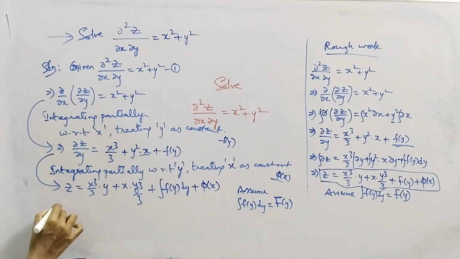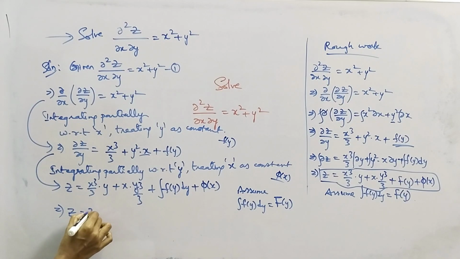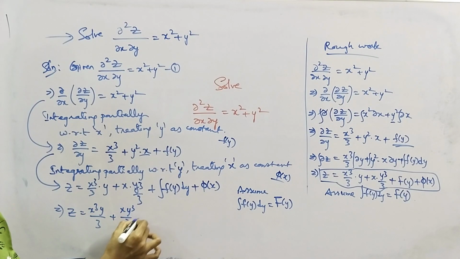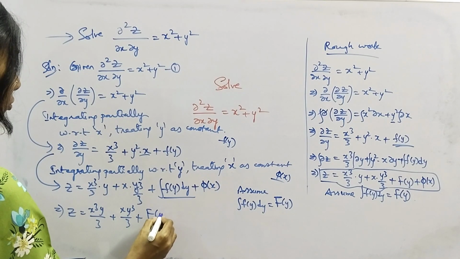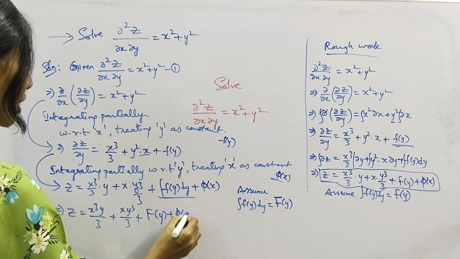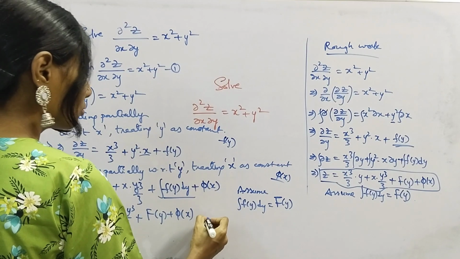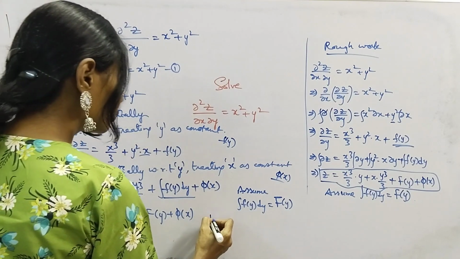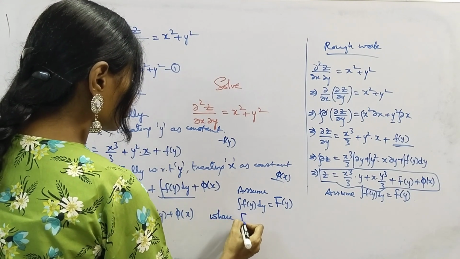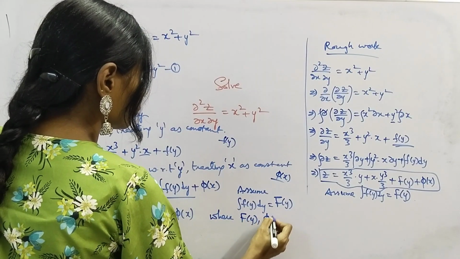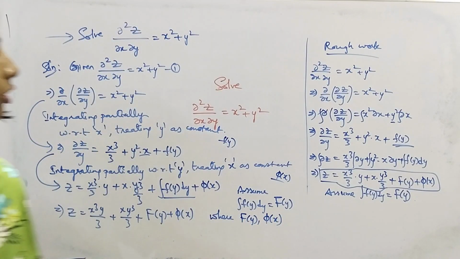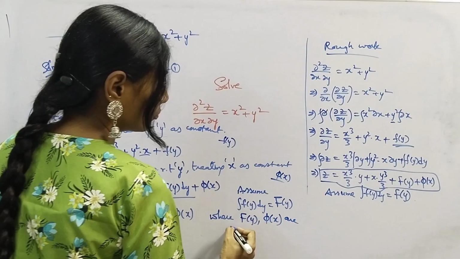Then this becomes z = x³y/3 + xy³/3 + F(y) + φ(x), where F(y) and φ(x) are arbitrary functions.